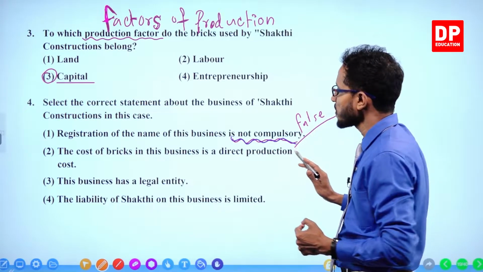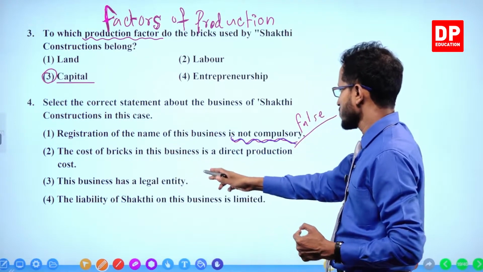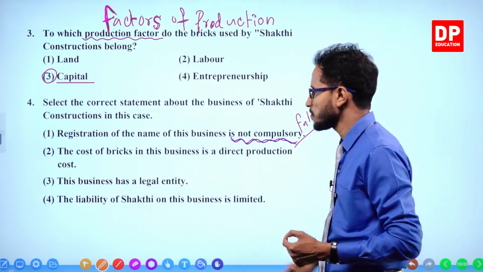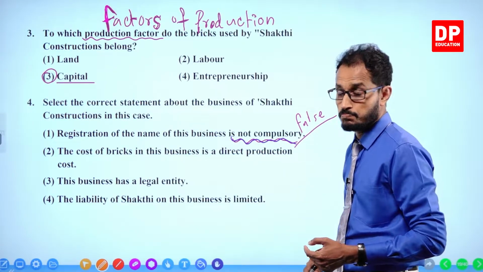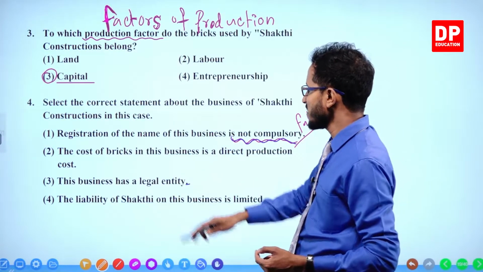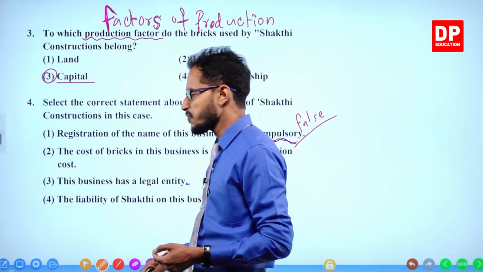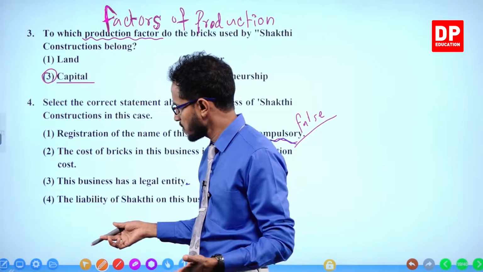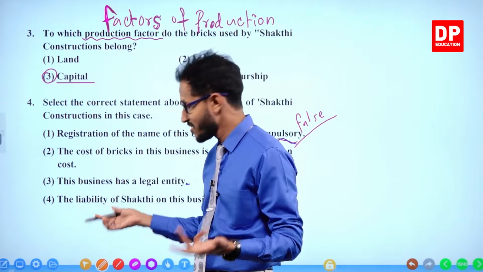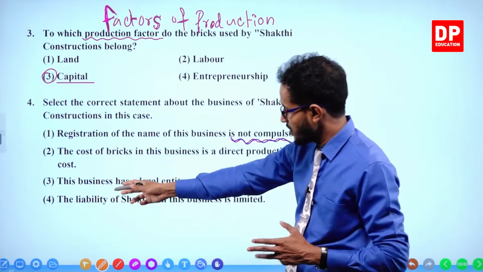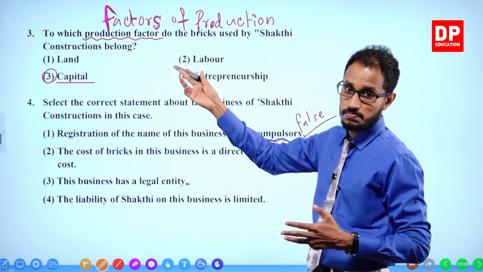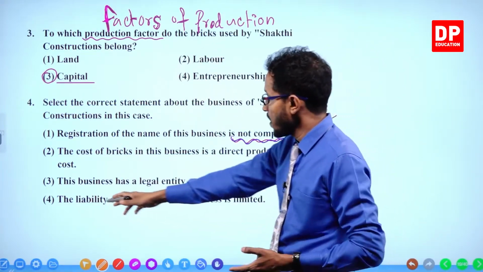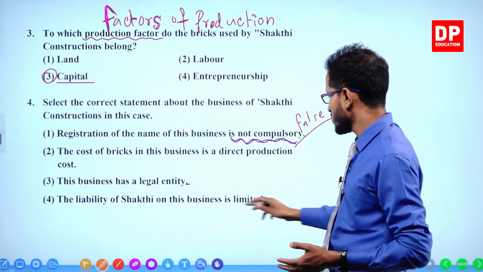The cost of bricks in this business is a direct production cost. Let's see the next one. This business has a legal entity. No, of course not. This is a sole proprietorship, no legal personality. Liability of Shakti on this business is limited.